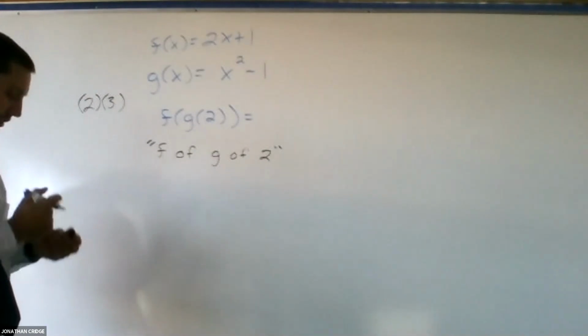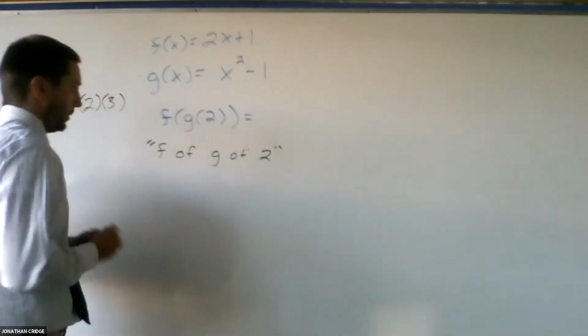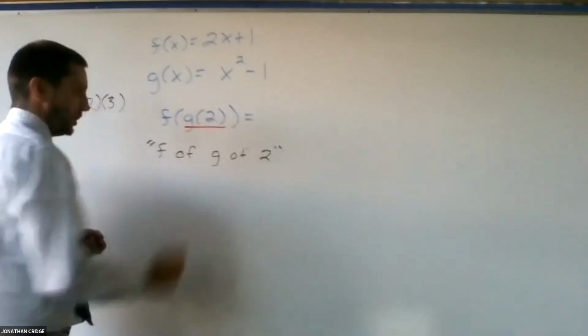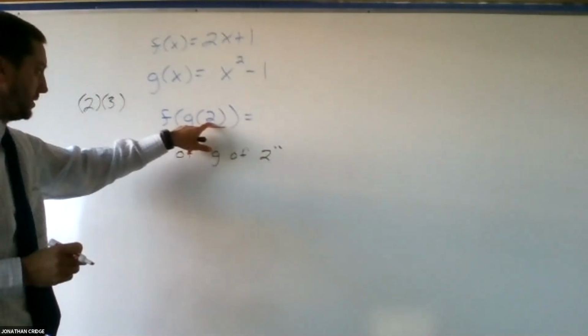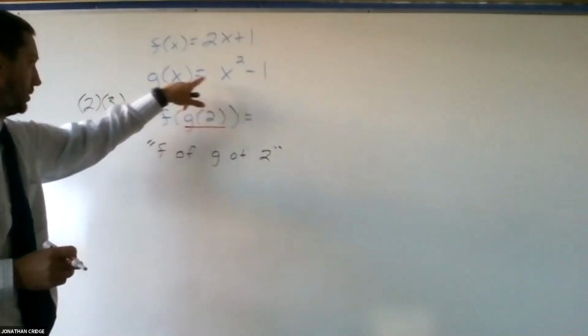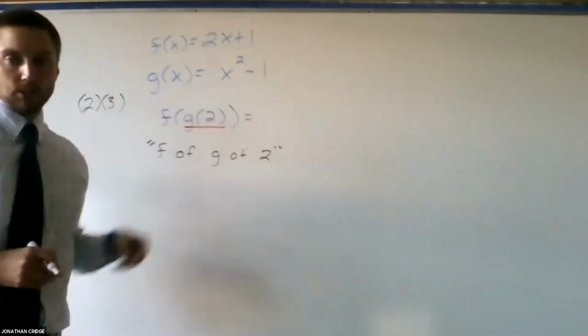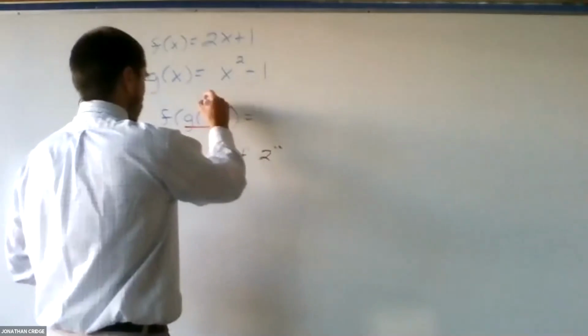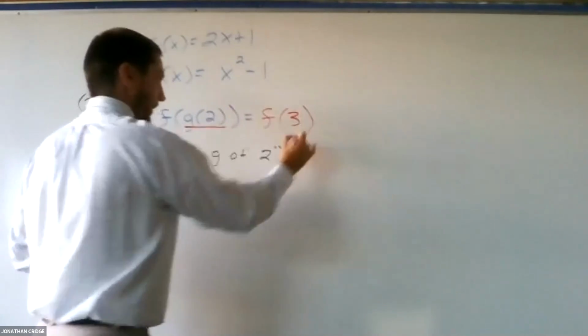Okay, so how am I supposed to figure out what f of g of 2 is? So what I'm going to do is first figure out what is g of 2. All right, so how do I figure that out? Well, this says 2 is the input of the g function. Then we go to the g function. I'm going to plug in 2: 2 squared is 4, 4 minus 1, that'd be 3. So g of 2 is 3.